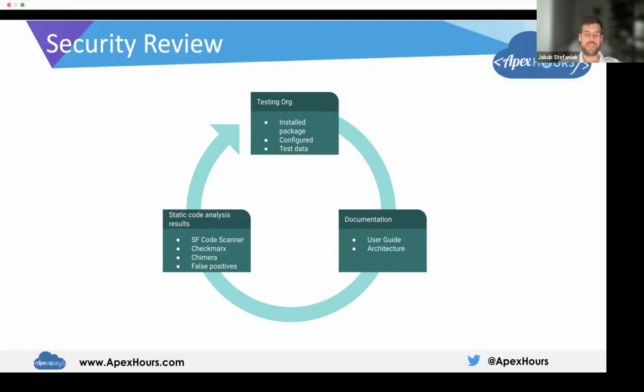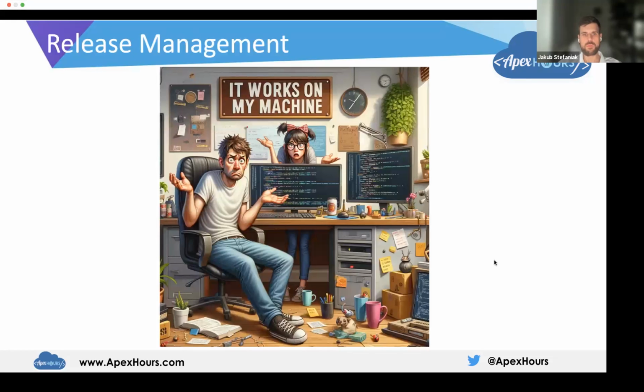There are tools like Chimera, which are mandatory if you are using external systems. And if there are any findings in the static code analysis with which you don't agree, for example, you decided by design to skip a user permission check, then you have to prepare false positive documentation and explain exactly why, in your opinion, this finding is not a bug, it's a feature you implemented, and why you implemented it that way.